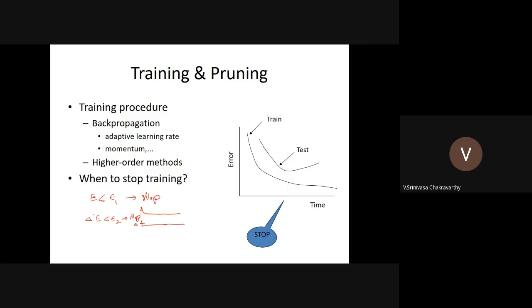And test error will also keep going down. But beyond a point, the pattern of variation in test performance and training performance begin to diverge. As you keep on training the network, the training error will continue to go down, right, and flatten out beyond a point. But the test error might start increasing beyond a point.